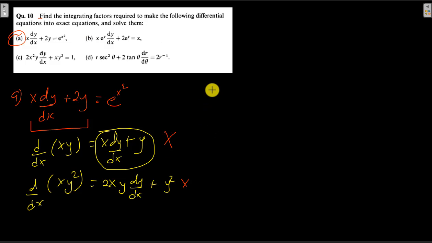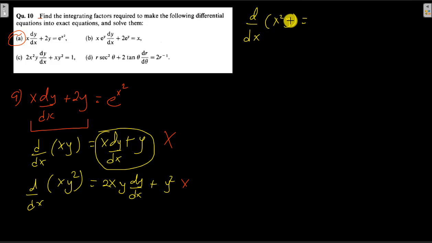So let's make another trial. Now don't worry about making trials. With experience you will be able to make fewer trials and get the right answer. So there we go, d dx of x squared y. Let's see what we have here. Oops, I meant to have x squared y.